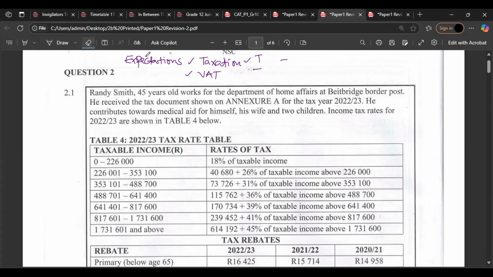Data handling, we shall expect to talk of measures of central tendency, measures of spread. You should know how to interpret.